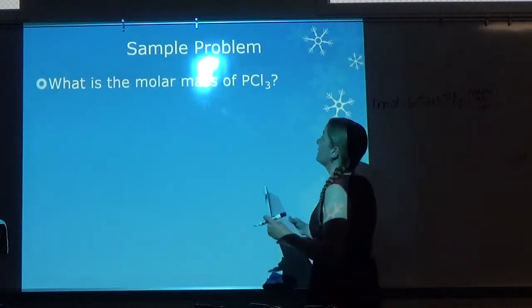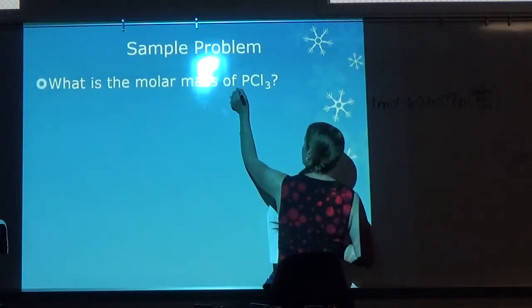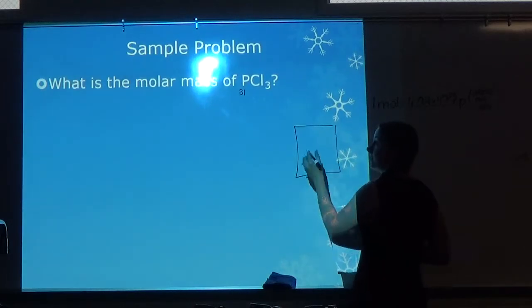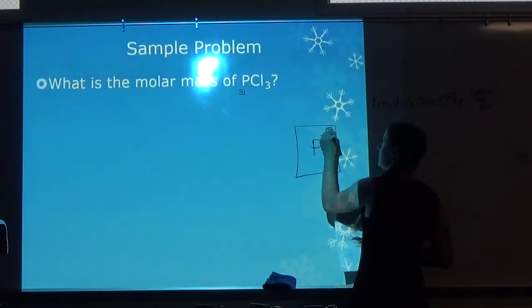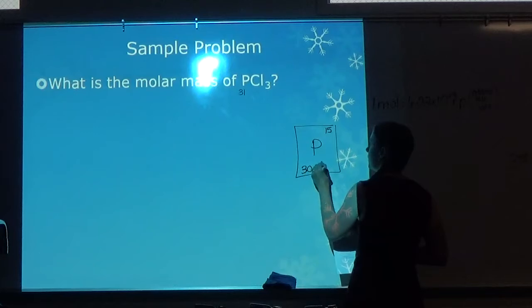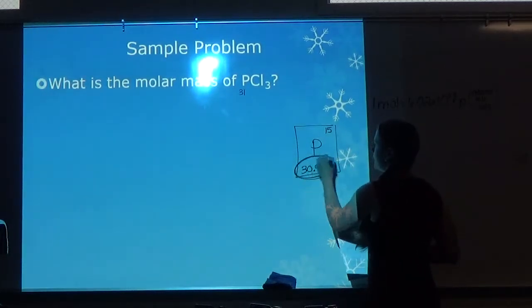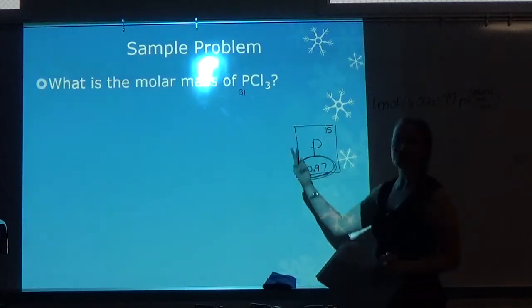So P ends up being about 31. All you do, y'all, is you look at the periodic table, just to let you know where this is coming from. We have P, it has the 15 up here, and it has like 30.97 something on the bottom. This is where I'm pulling the numbers from, so I'm going to round that to 31.